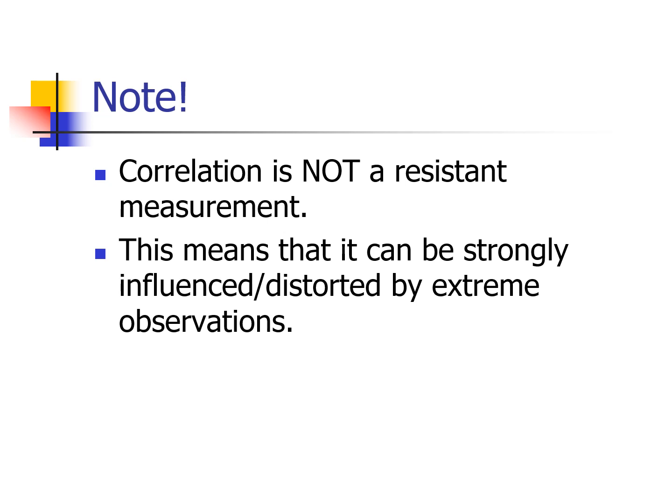A resistant measurement is a measurement that is not unduly influenced by extreme observations. We just saw that correlation is influenced by extreme observations. Whether or not you add that one extreme point can change the correlation by like 20%. It increased it from 0.8 to almost 1. That was a big swing, showing us that correlation is not resistant, a little bit of a flaw or limitation of the measurement.